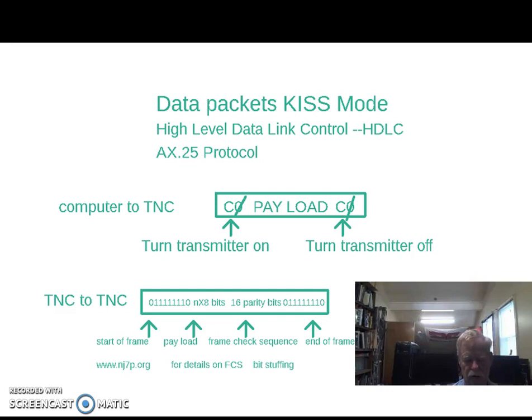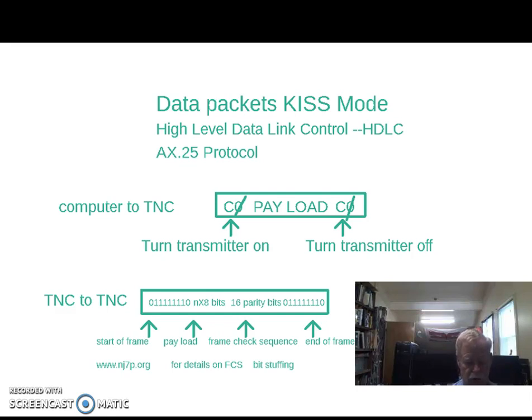Now again, let's talk about the rules when we talk from computer to TNC. Remember, we're going to pick up a chunk of data and send it. The rule is that at the beginning of this data, or this packet, we put a C0. Then we send the data we want to send, and then we end it with a C0. Now you might ask, why do we want to do that?